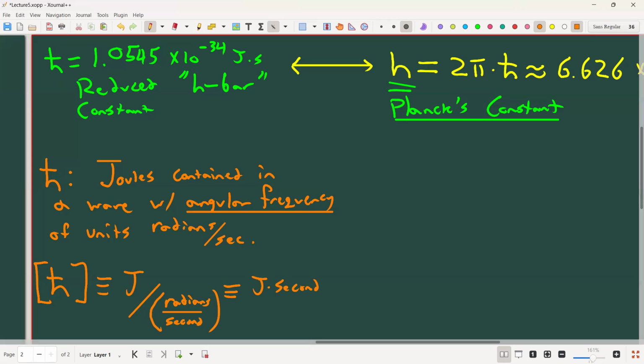Okay, so what this means is that if we have a particle that has an angular frequency, or some momentum of some number, then H bar tells me how many joules are stored in that wave. Right? H, on the other hand, is the amount of energy stored in a wave with total frequency, which is cycles per second, how many periods, 2 pi radians per second are evolved, in units of hertz instead.